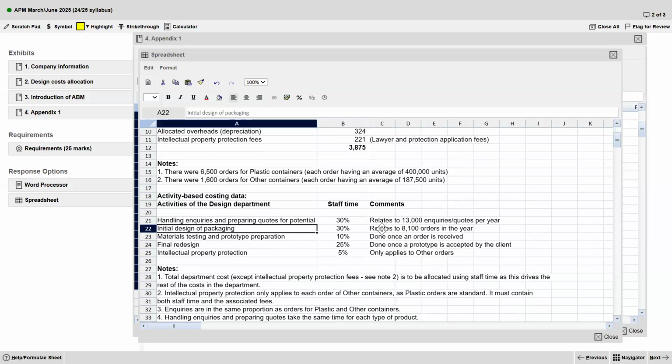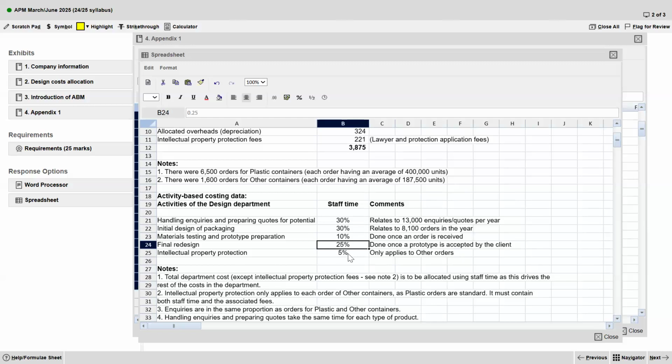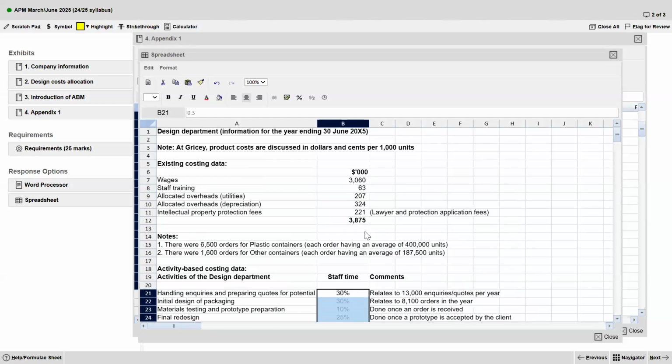Initial design of packaging relates to $8,100. This is taking 30% of staff time, this 10%, this 25%, and this 5%. So what do we need to do? Wages and the staff training could be combined and allocated together.